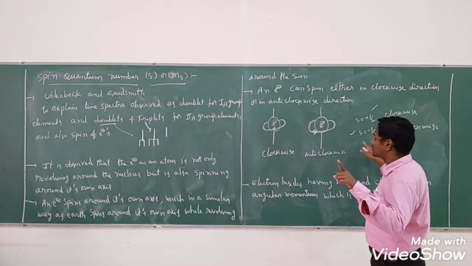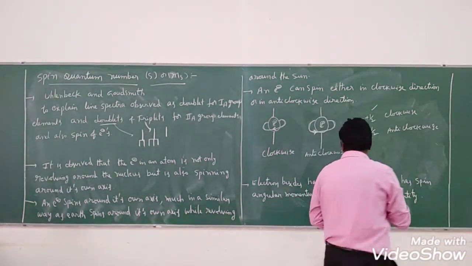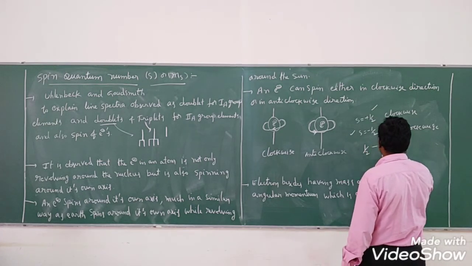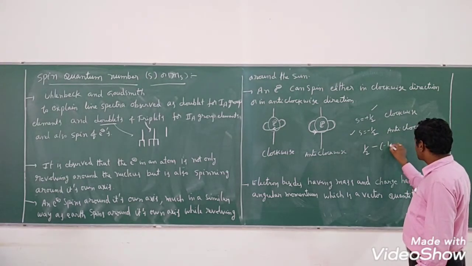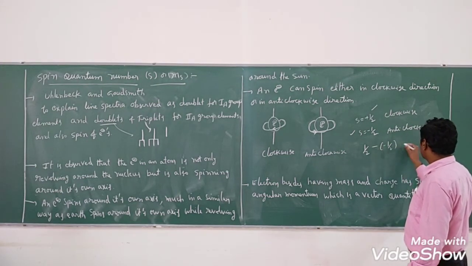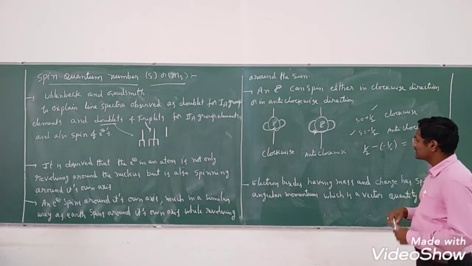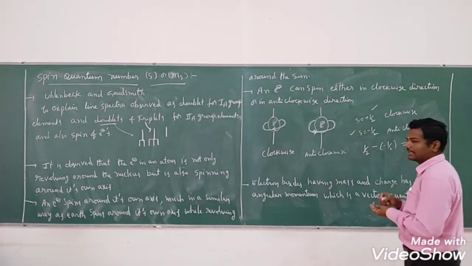So the difference between these two spins you should get exactly one. Difference means higher minus lower. The lower value is minus half. Half minus minus half, half plus half, again 1 you will get.